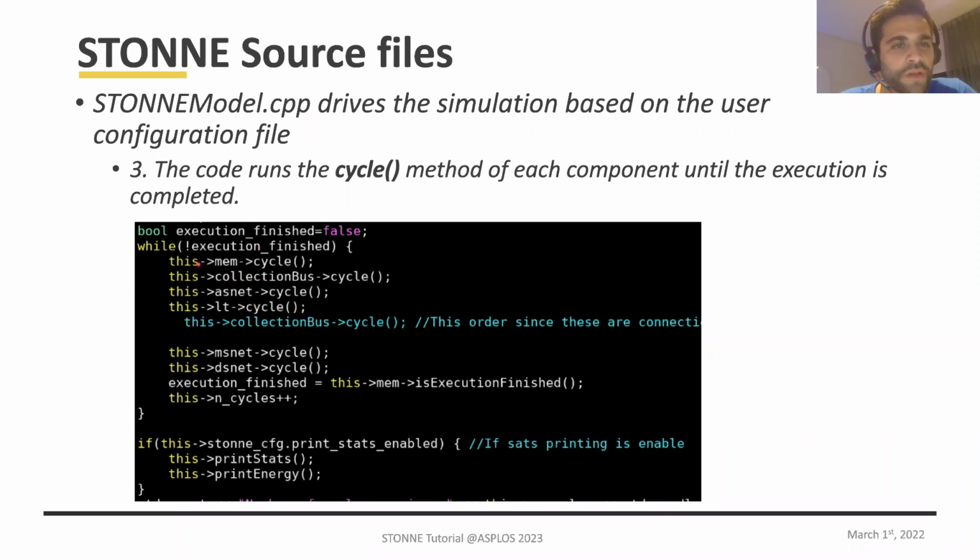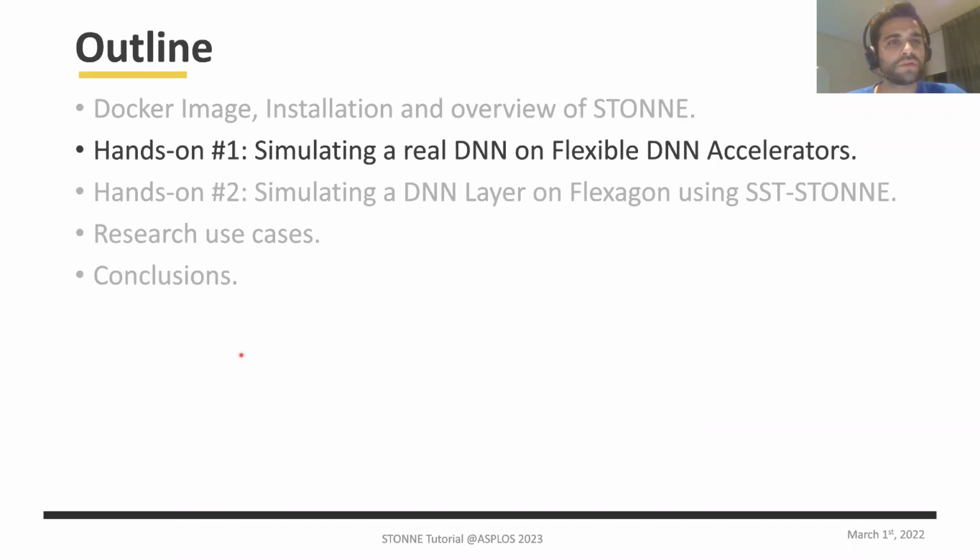So for the memory controller, the collection bus, the reduction network, the multiplier network, the distribution network, this file runs in a loop all the cycle functions of every component, so that everything works together, and all the data flows through the architecture, right? So that's how STONNE is able to create this environment of cycle-level simulation, right?